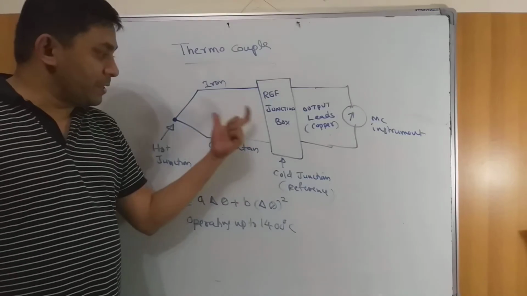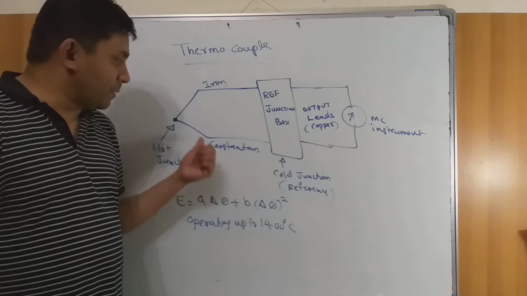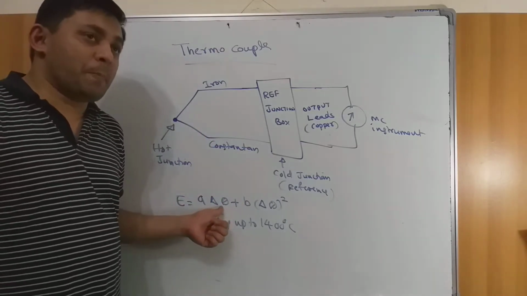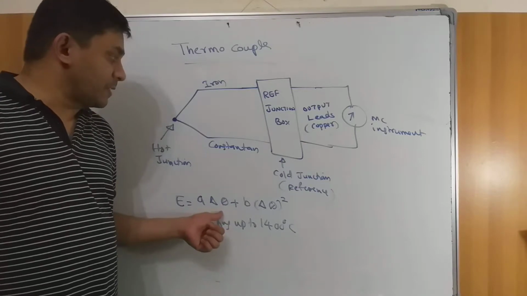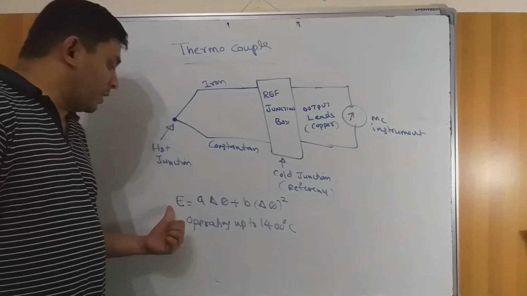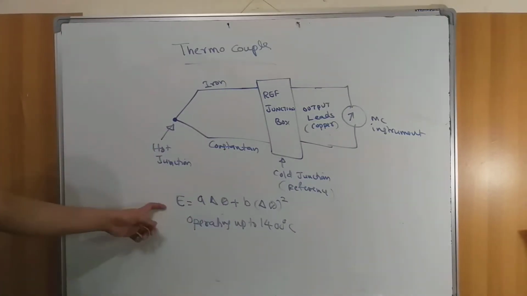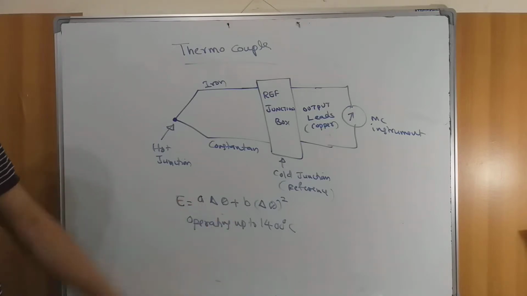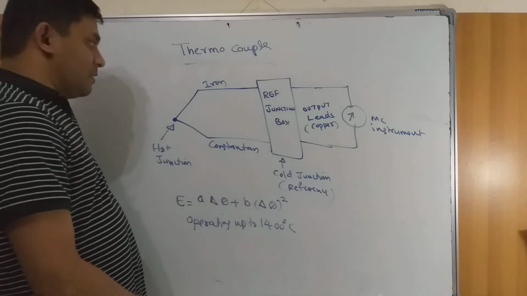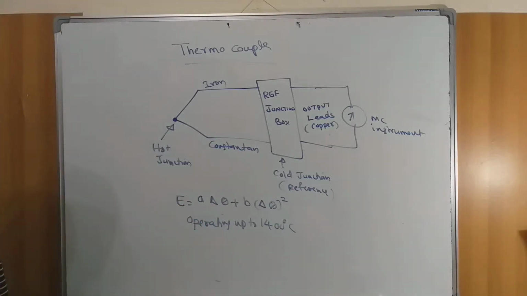If there is a temperature difference, which we call delta theta, it gives rise to a voltage E, where E equals A times delta theta plus B times delta theta squared. Delta theta is the difference in temperature, and A and B are constants which depend upon the type of material used.